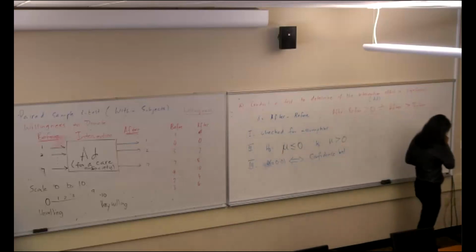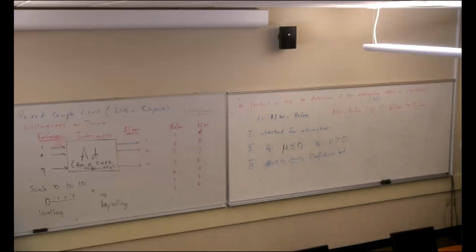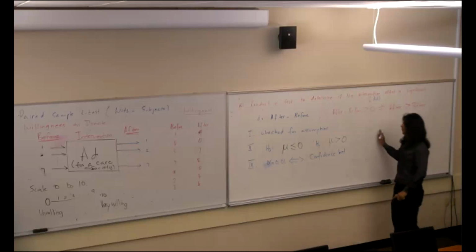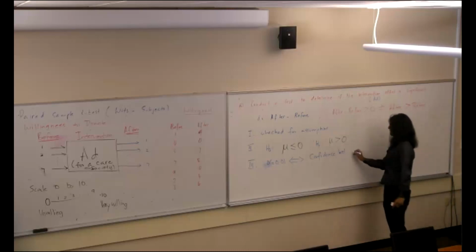If alpha is 0.01, what is the confidence level? 0.99, 1 minus that. Let's write that also.